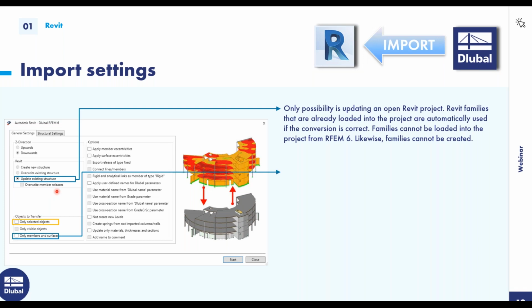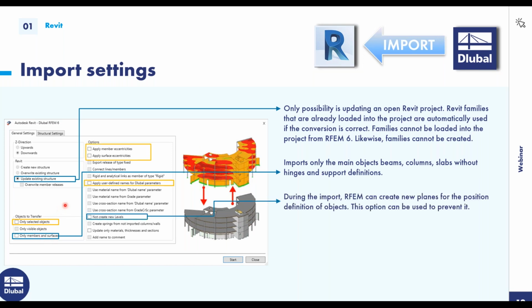So then there are also some functions for controlling the amount of transfer that you do. And this would allow you right now to transfer some of the objects. This is also a little bit still under construction, but you do have the option to only transfer members and surfaces if you'd like. And then we have some other options that are also under construction still.